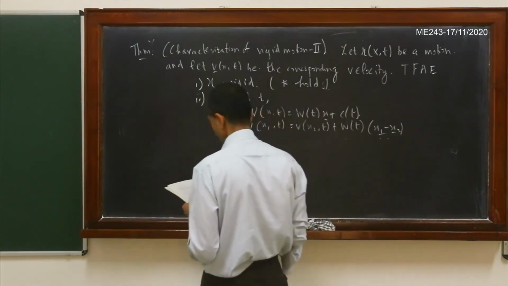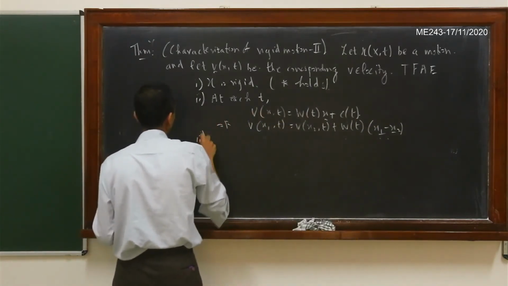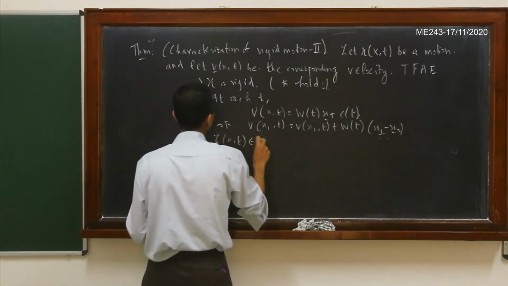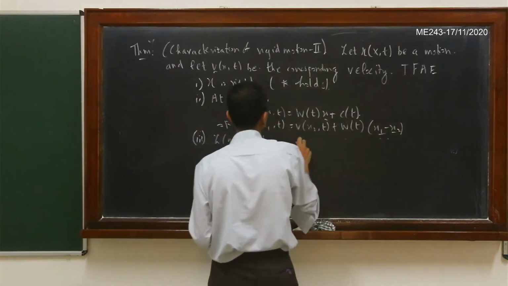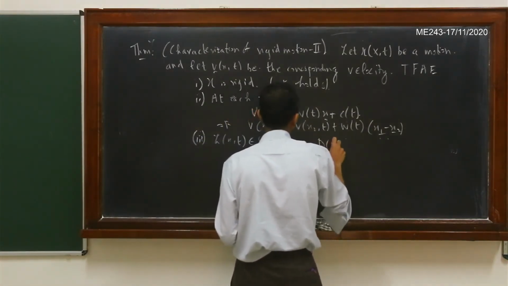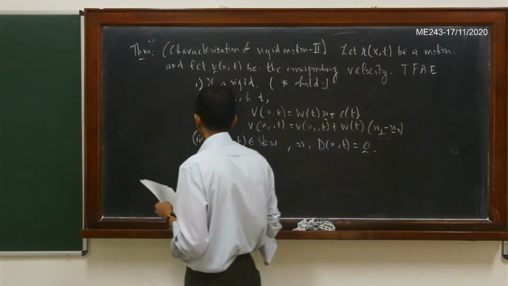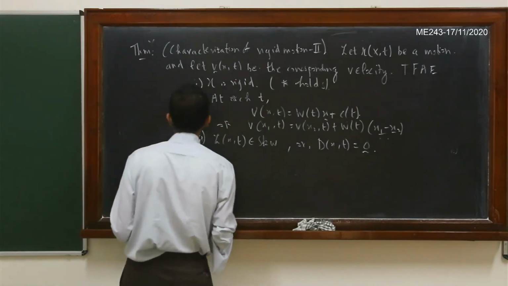And then the third statement is that L of x comma t belongs to skew, or alternatively, d of x comma t is equal to 0. Now let us prove this theorem. So, proof of this.